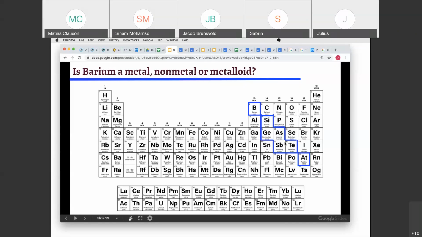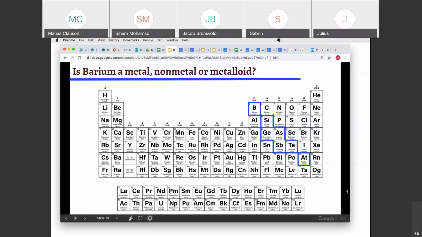Is barium a metal, a nonmetal, or a metalloid? So barium is Ba. See if you can find that one on the periodic table and then type in the chat, metal, nonmetal, or metalloid. See if you can find that one.